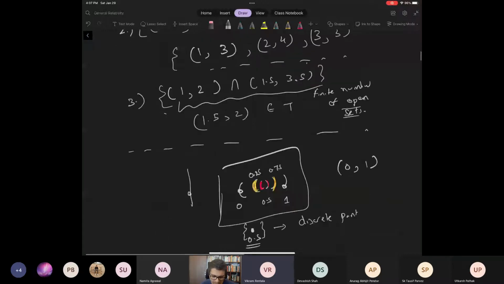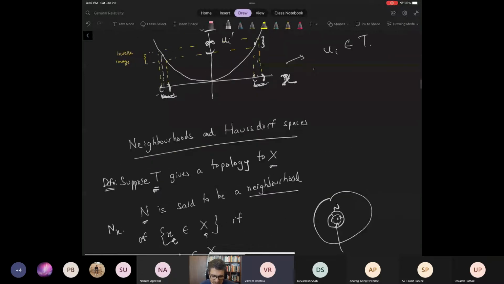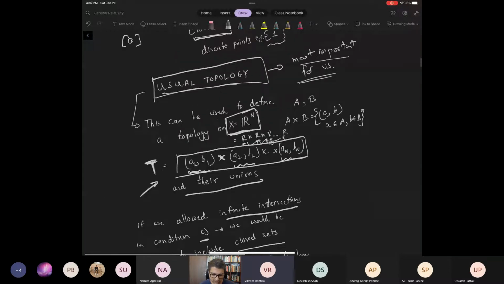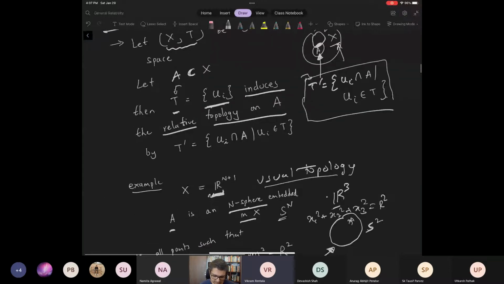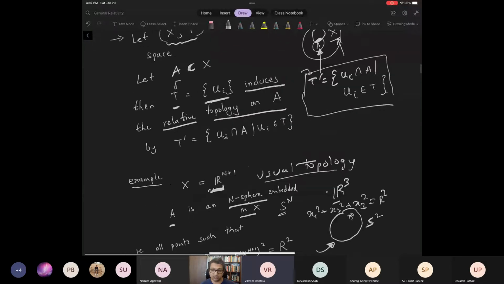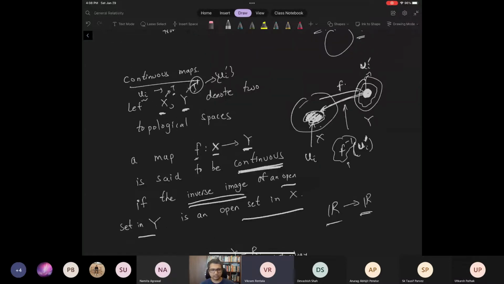So today we're going to continue some of our definitions. We just looked at a couple of properties of these topological spaces. Last time we looked at things like induced topology. If you take a subset A of X and X has a topology, then that subset A also inherits a topology from X. Then we talked about continuity and continuous maps between two topological spaces.